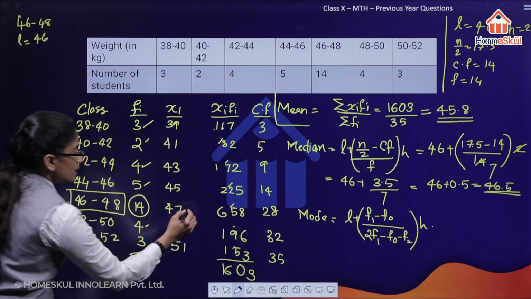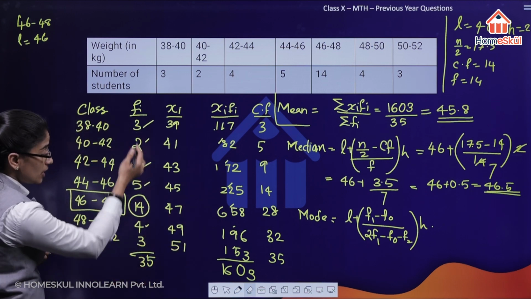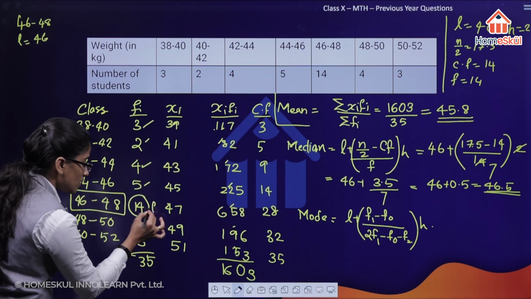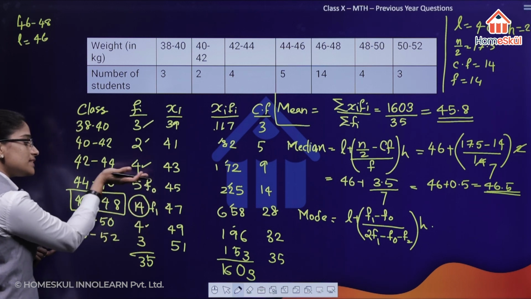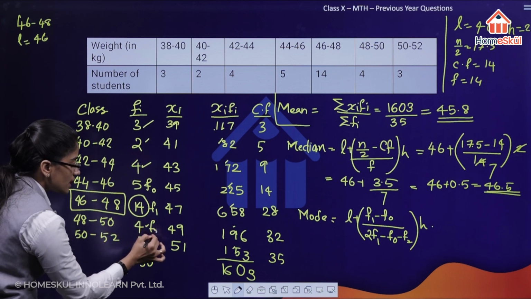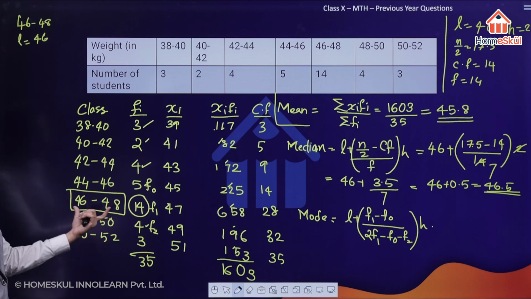What is F1? This is F1, the frequency of the modal class. F0 is the frequency of the class preceding the modal class, and F2 is the frequency of the class succeeding the modal class. And H is equal to the class size, that is 48 minus 46, which will be 2.